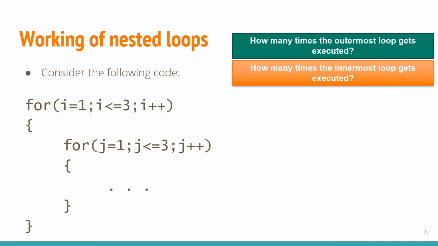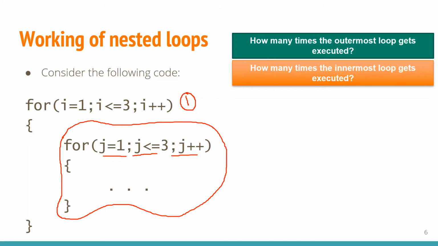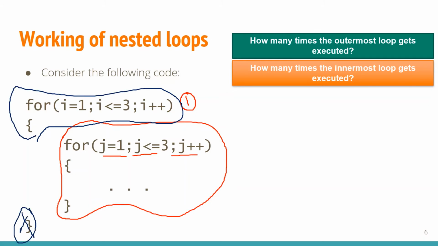The body of the outermost for loop is the inner loop itself. So what happens? For one execution of the outer loop, the inner loop executes. Assume that this loop was written independently without a nested loop, assume that this loop is not there.